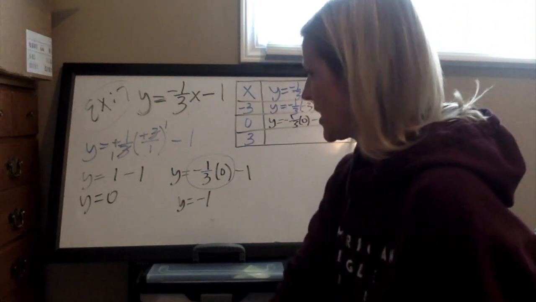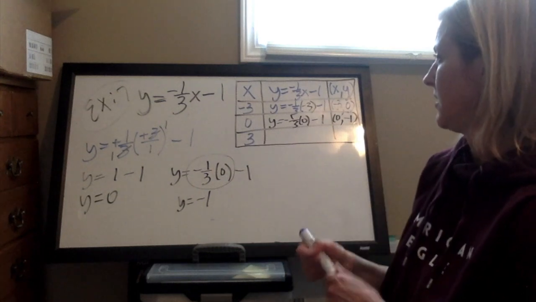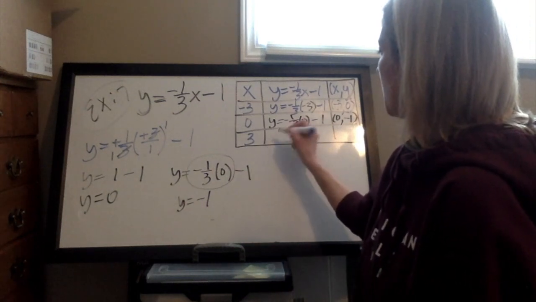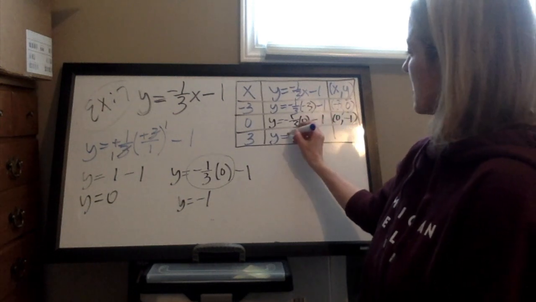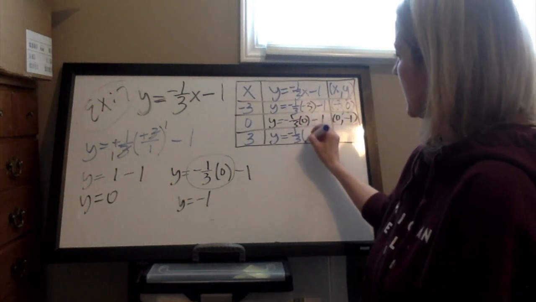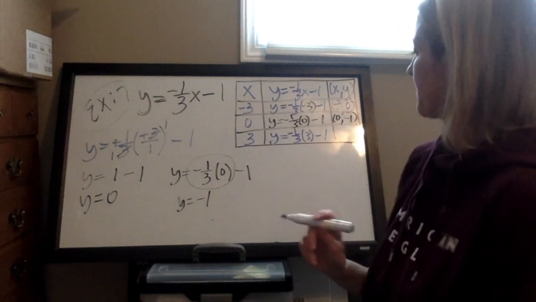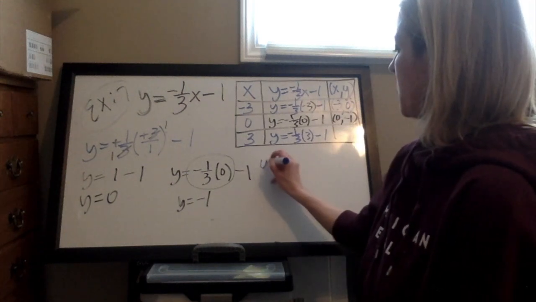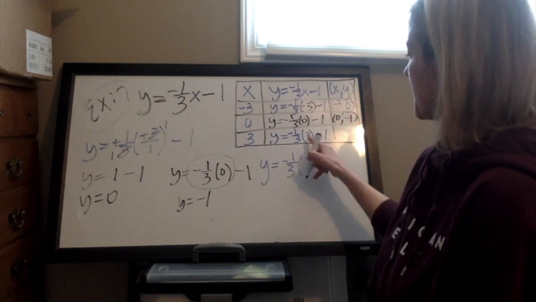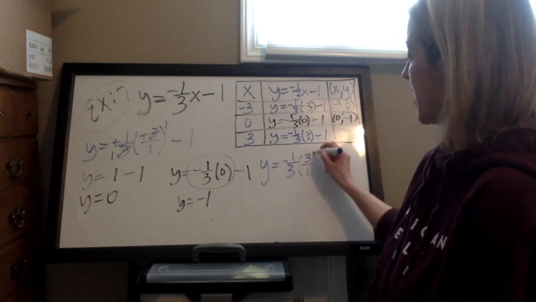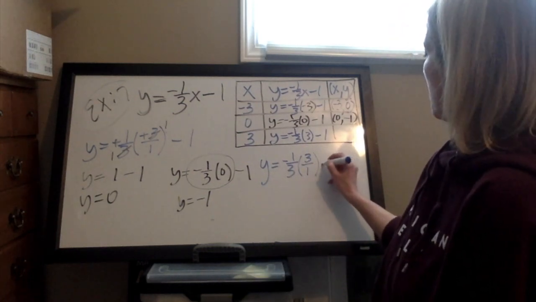And then last but not least, we're going to do 3. So I'm going to write that in. Y equals -1/3 times 3 minus 1. All right, so when I write it, I'm going to go y equals a -1/3 times, and this is going to be 3 over 1 minus 1, right?